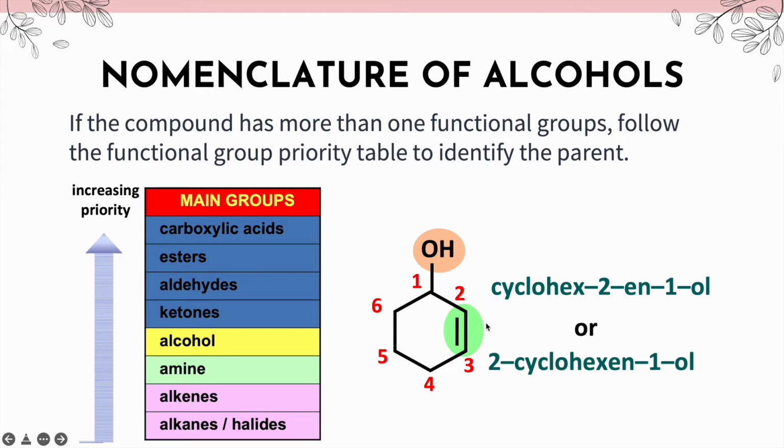For example, in this compound, we have the functional groups alcohol and carbon-carbon double bond. This is an alkene. If we refer to the priority table, alcohol has higher priority than alkene. So the parent name must be given to the alcohol.